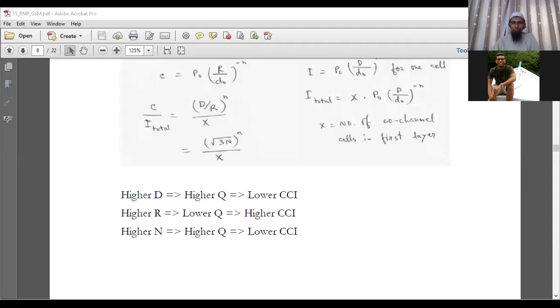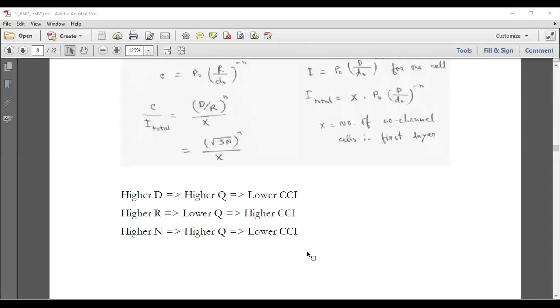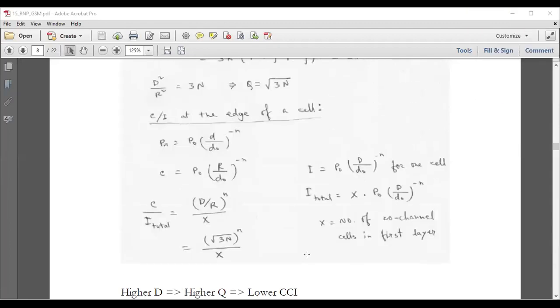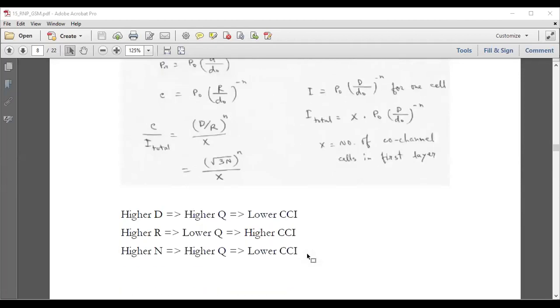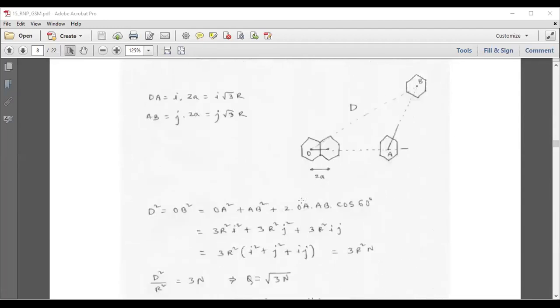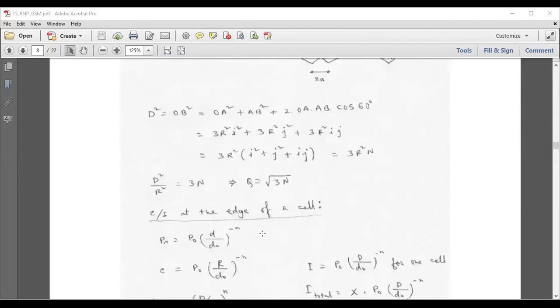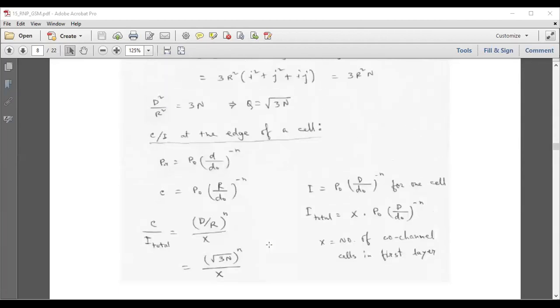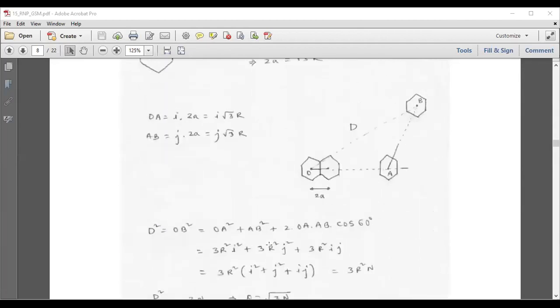I'm now sharing the screen. See, we were discussing this part last time, just showing that there can be interference and how we can calculate the level of interference. Okay, so we are considering this Q to estimate the interference.